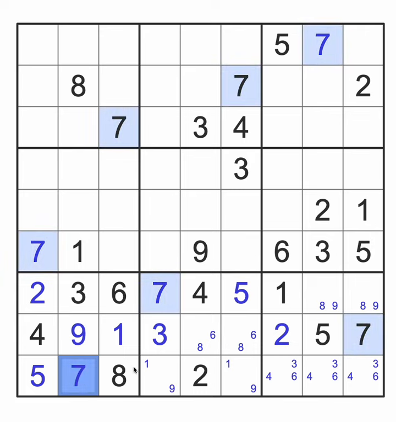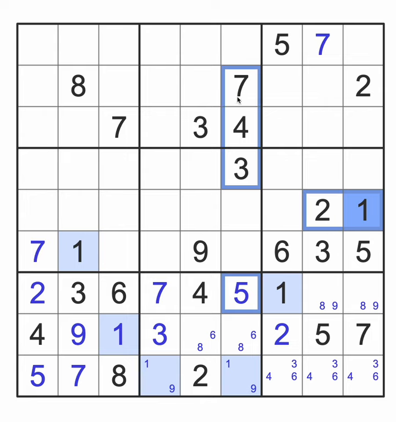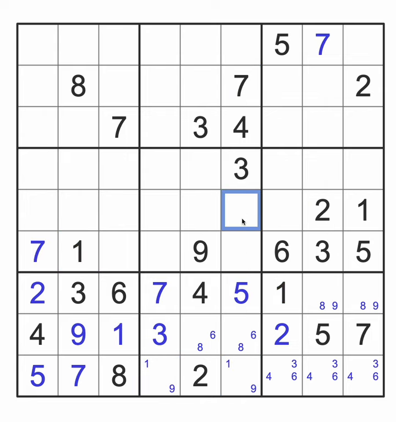Now looking at this cell, it's blocked by 1, 2, 3, 4, 5, not by 6, but blocked by 7 and 9. So this would be 6 or 8.